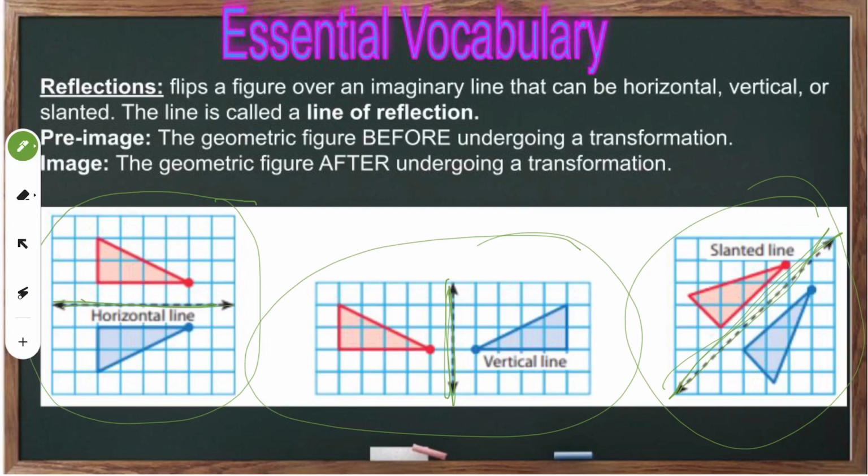The horizontal line can also be like the x-axis. The vertical line could be the y-axis. A slanted line could be y equals x or y equals negative x. And in each picture, the pre-image, which I assume is the red image, was flipped over the line of reflection and became the image, the blue image.